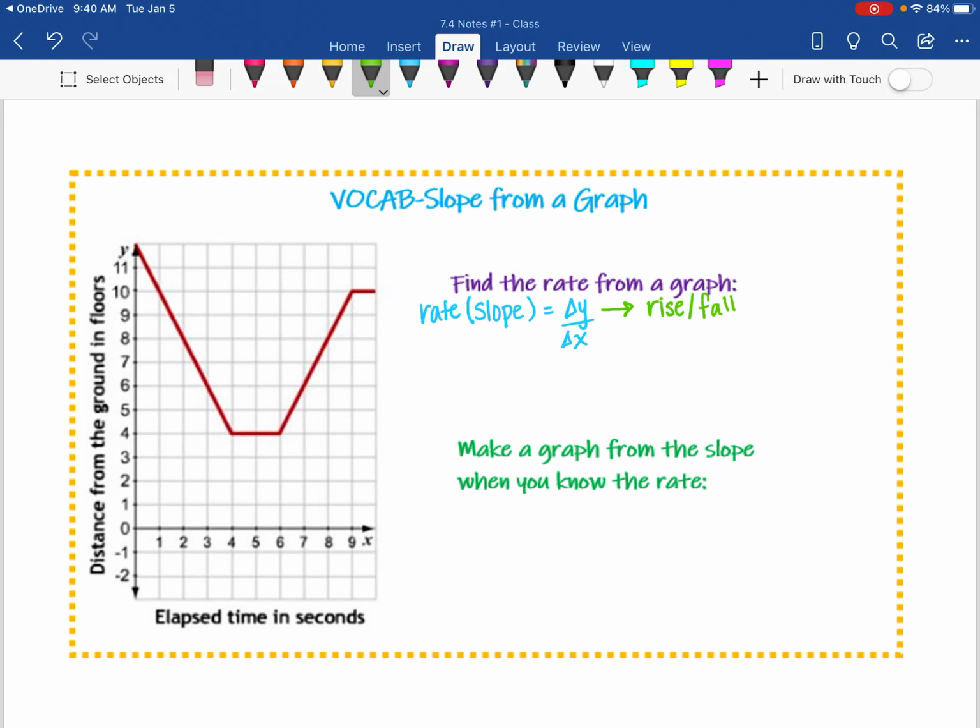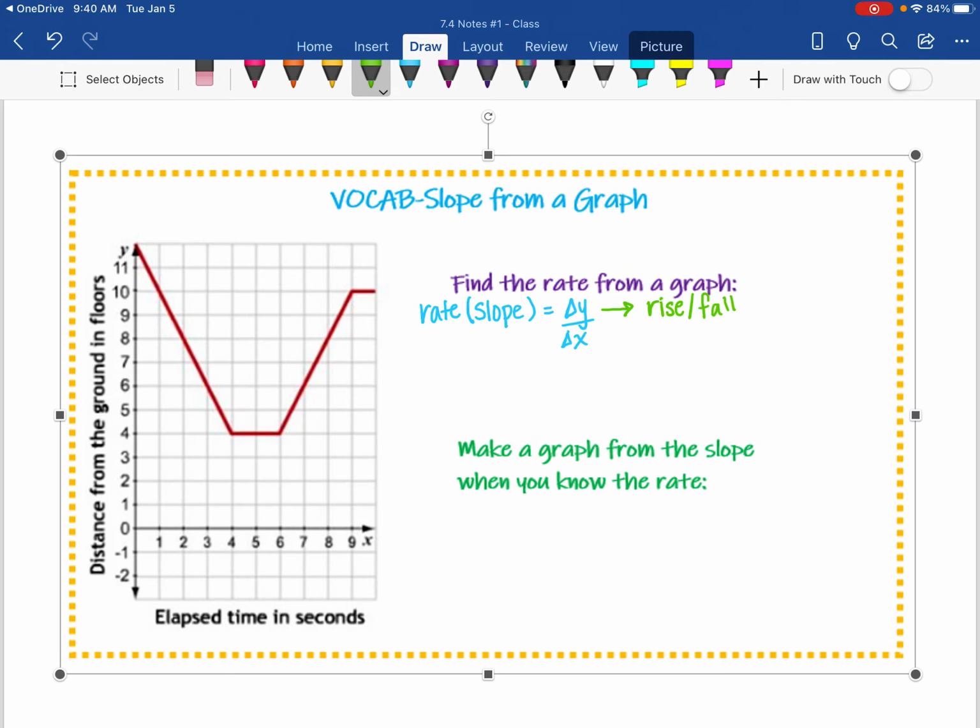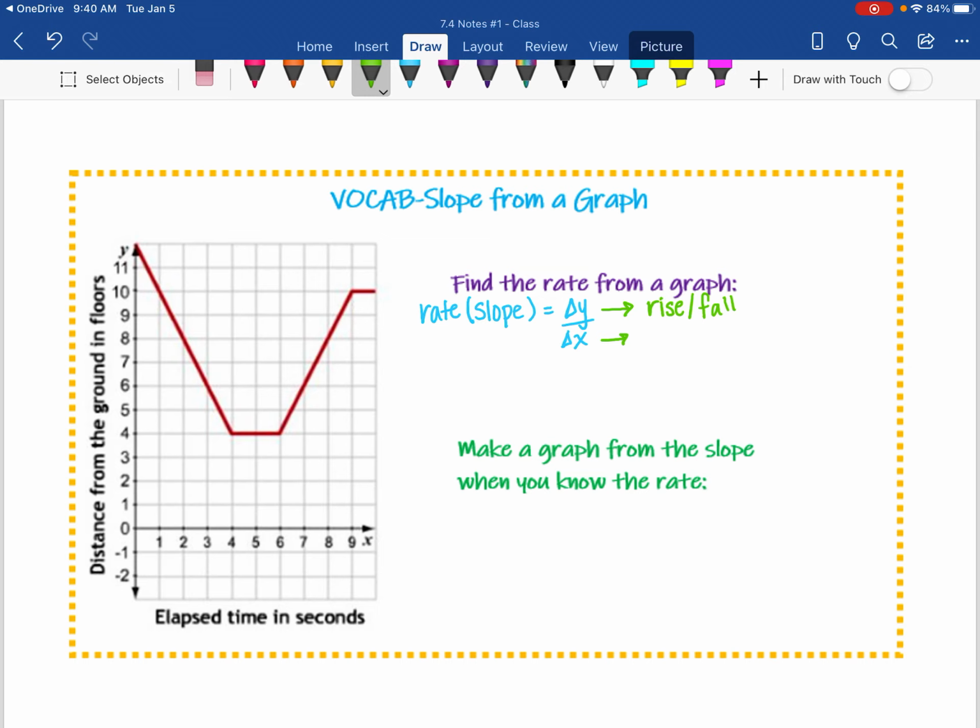And then when we talk about the change in x, x is left and right. So we're talking about the run. So you've probably heard rise over run before, but we're going to say rise or fall because depending on what your graph is doing, it could be rising or falling. Okay, and when we do that, that's going to give us our rate.